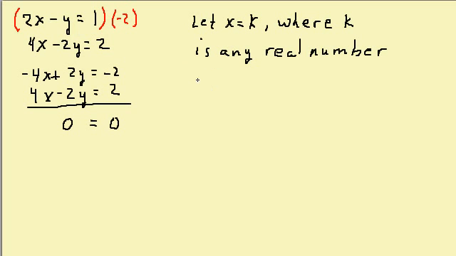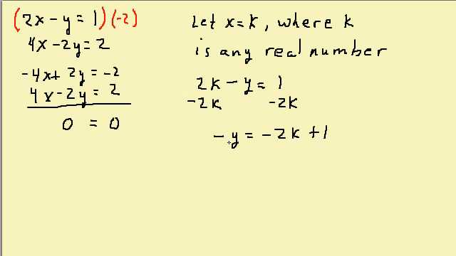So I get 2 times x, and in the place of x I'm going to put k, minus y equals 1. Then I subtract 2k from both sides. So I get negative y equals negative 2k plus 1. And then I'm going to divide each term by negative 1.